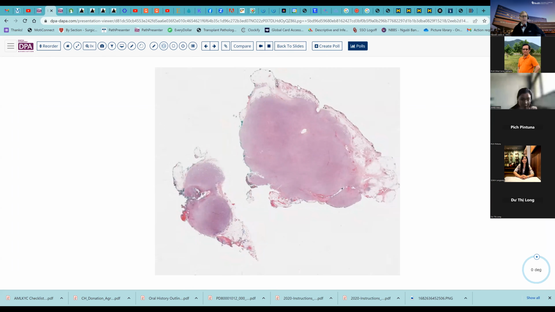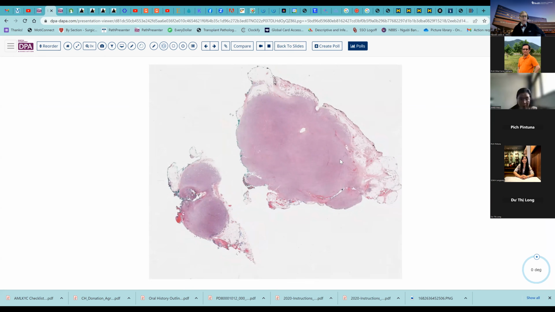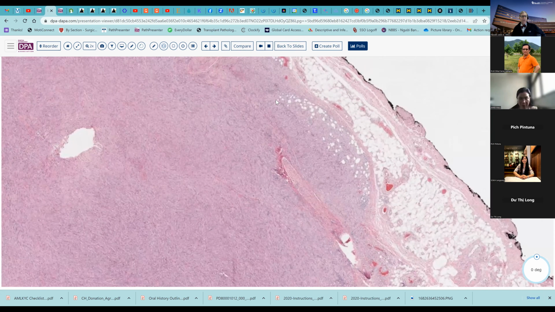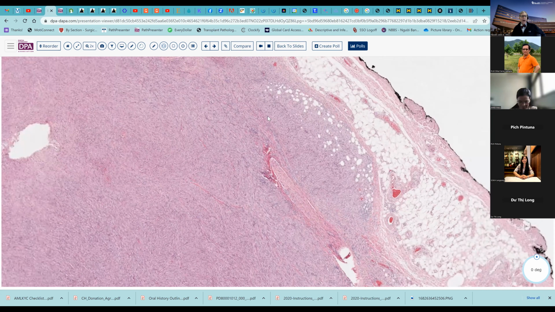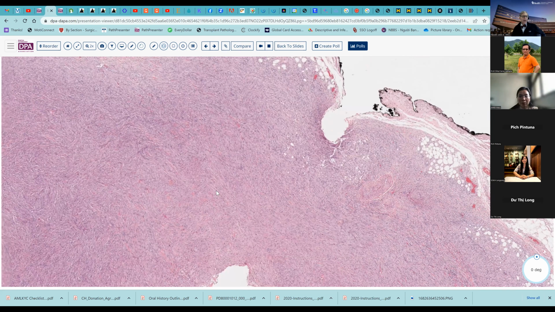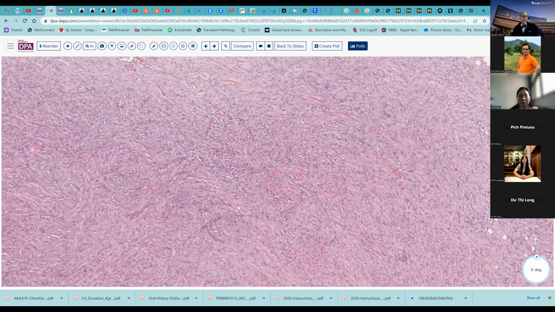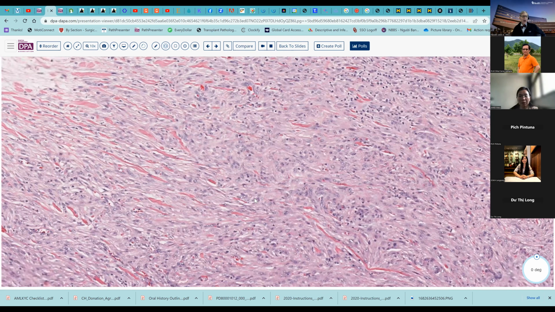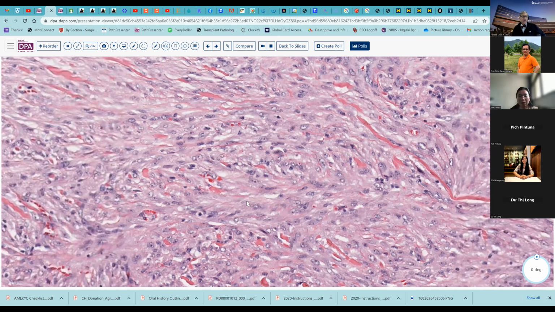So here's an example that we can look at. And here we see a little bit of this sort of growth around fat, but a very nodular appearance and a little bit of streaming to it. It's thought that this tumor can look a lot like tissue culture.